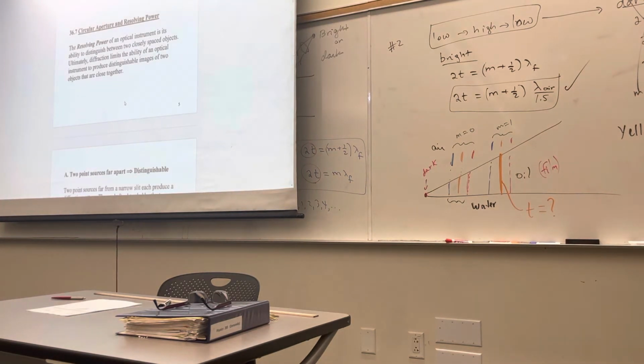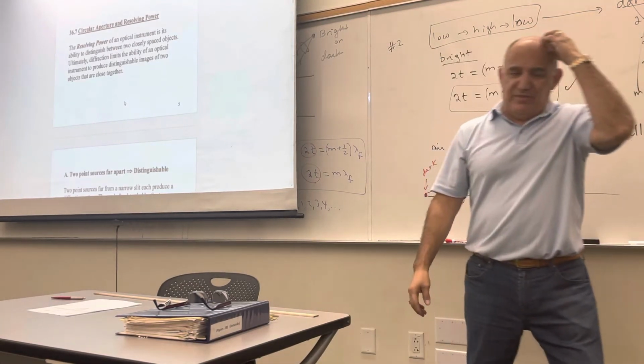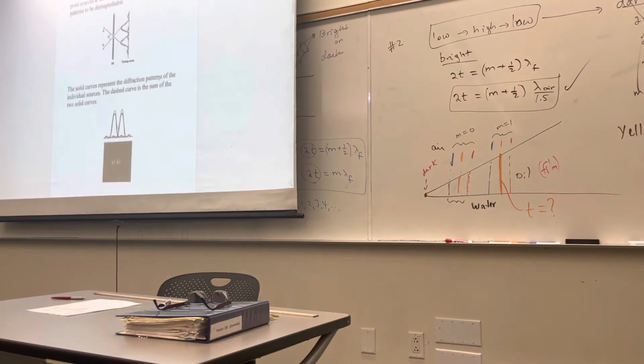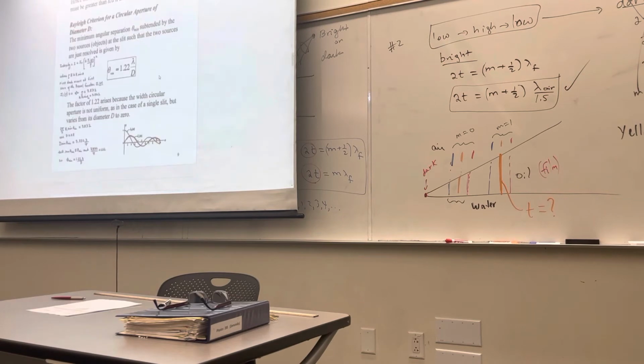How does this compare to if you just had a single slit where the width is always the same? So what is the adjustment that you have to make? And I'd like to say something about that. And then I think there are two more cases.